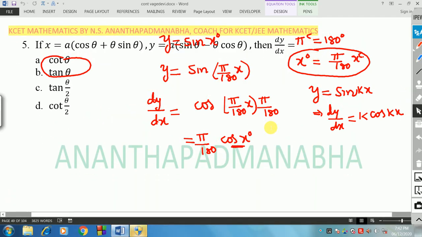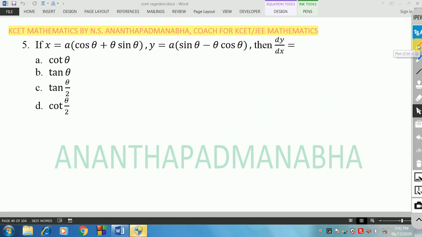Next I have a question on parametric differentiation. I have x is equal to a into cos theta plus theta sin theta, y is equal to a into sin theta minus theta cos theta. So I will consider x is equal to a into cos theta plus theta into sin theta.